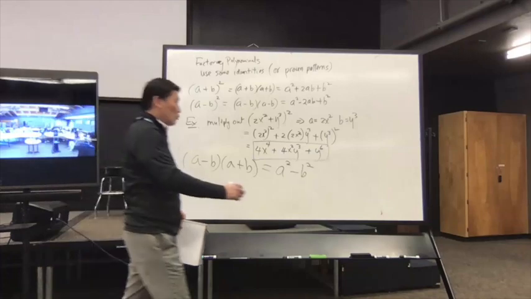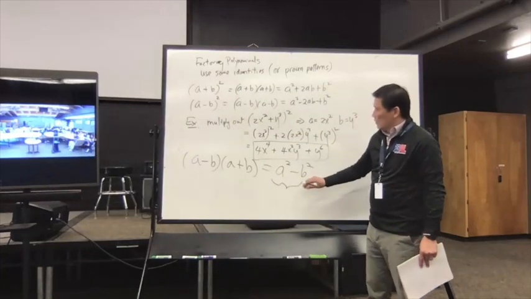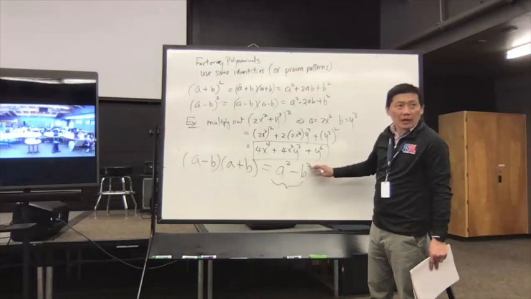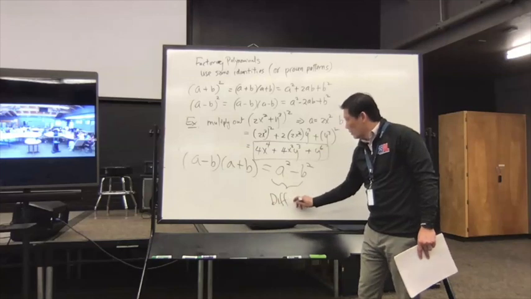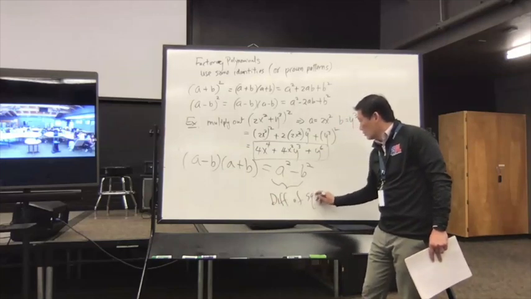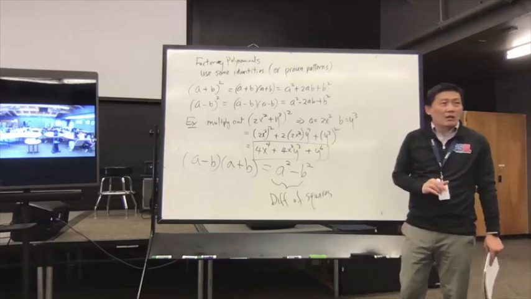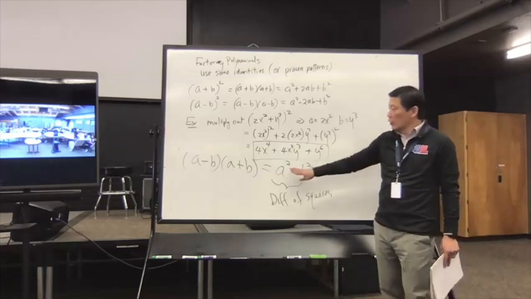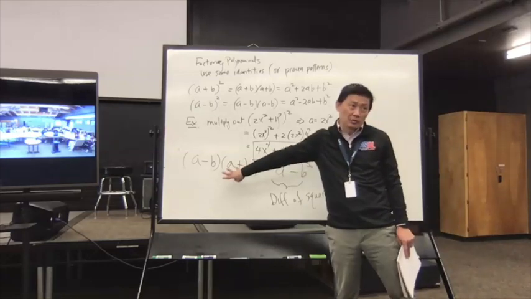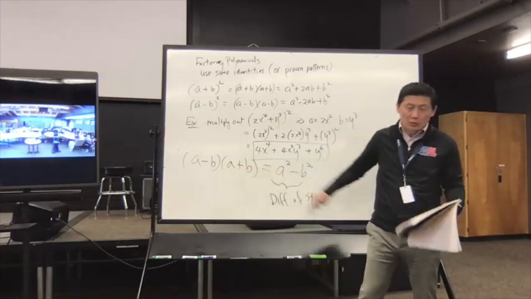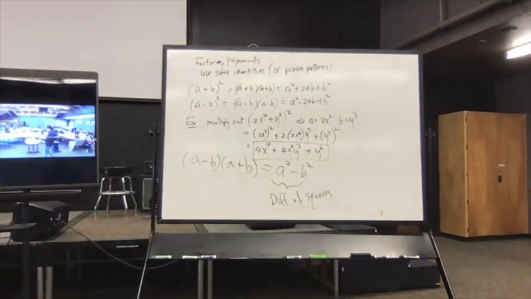This is extremely useful because notice this is something squared minus something else squared. We call this the difference of squares. What that means is that if I come up with an expression that looks like this, I can quickly factor it into this. It's extremely useful, and I'll show you how to do that on Monday or Tuesday, the next time I see you.